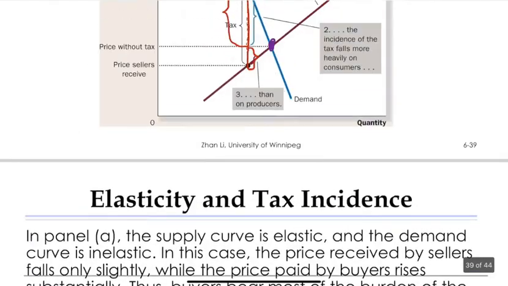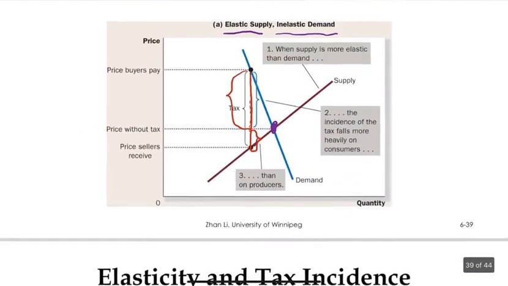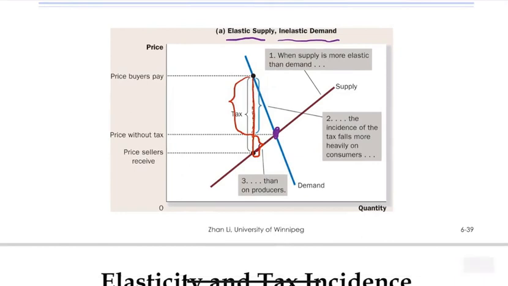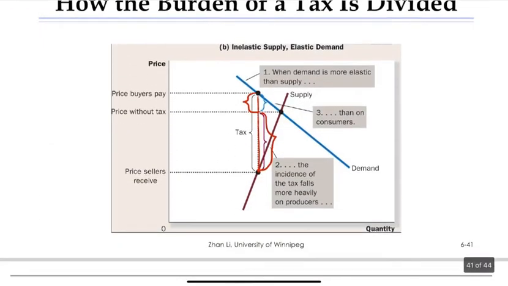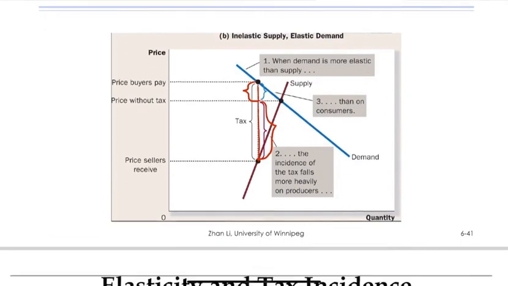So the conclusion here is, in the first case, demand is inelastic, so buyers share a large tax burden. In the second case, supply is inelastic, so suppliers share a larger tax burden.